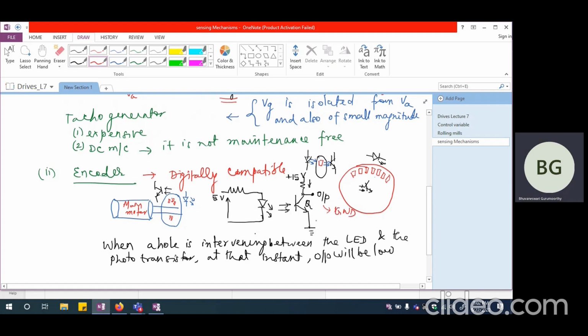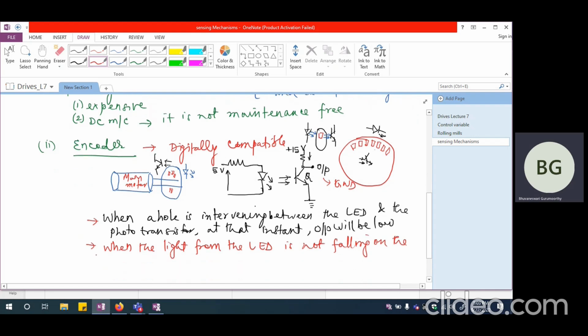Whereas if the hole is not intervening, at that point the LED's light will not reach the base of the phototransistor. So when the light is not falling on the base of the phototransistor, this is when the intermediate surface between two holes, something like this, is in between.